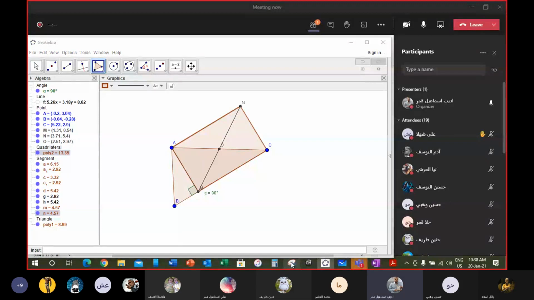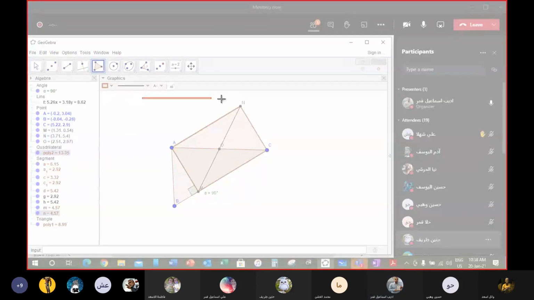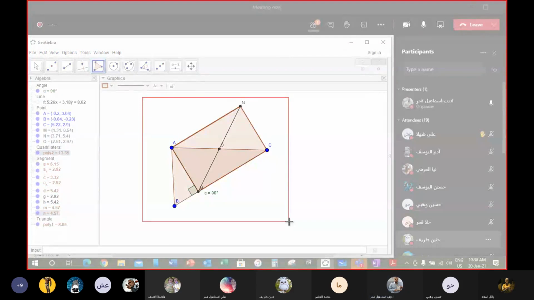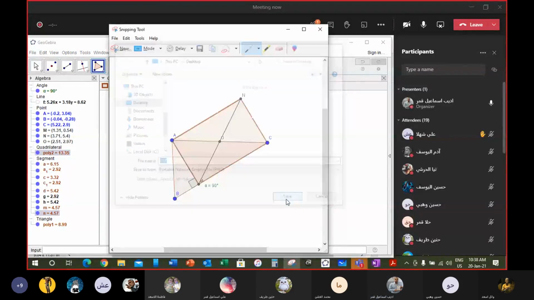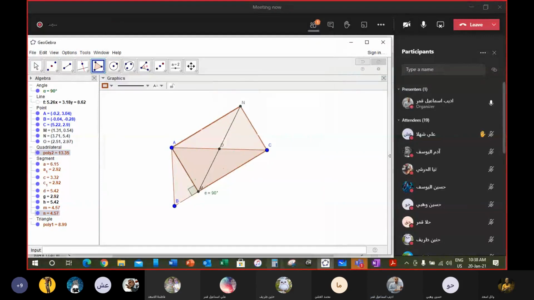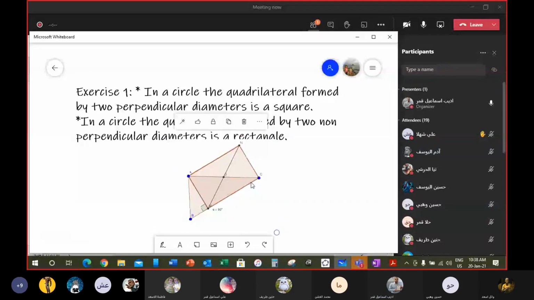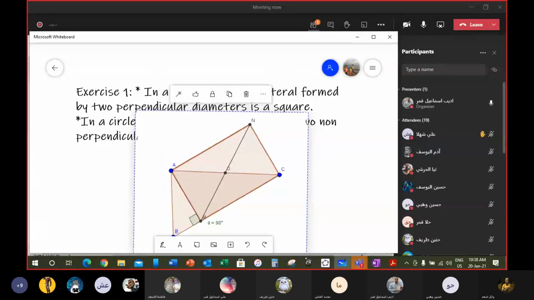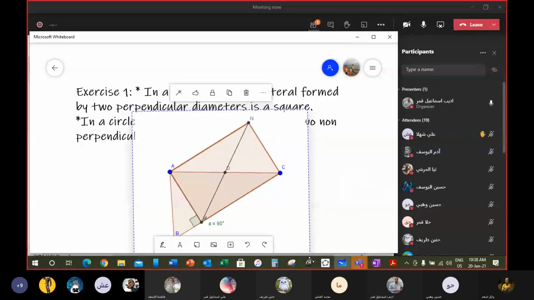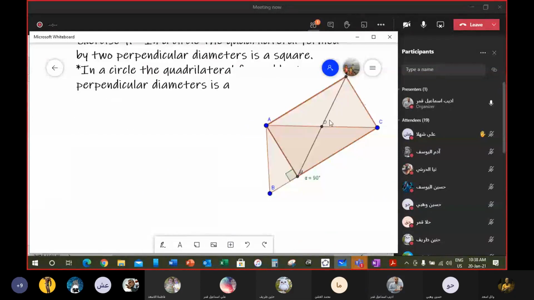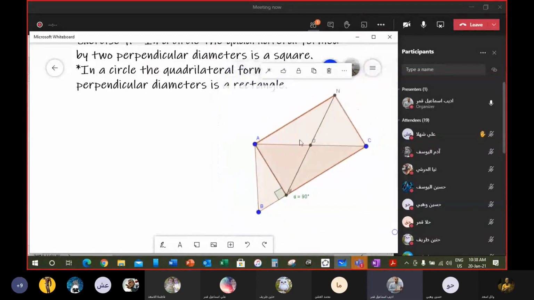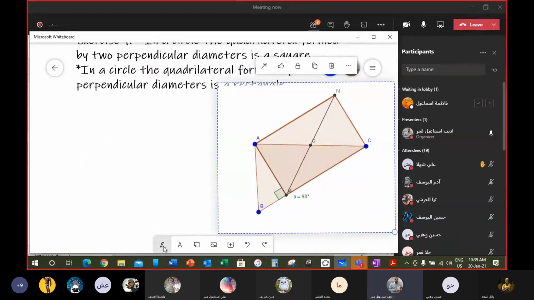Let's take the figure to the board. So this is the figure, and this is exercise 2.